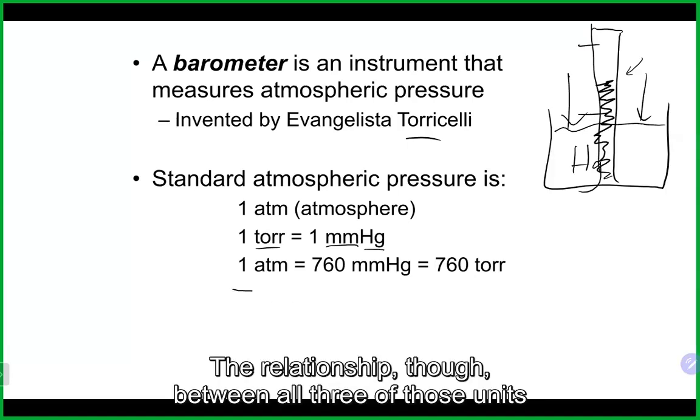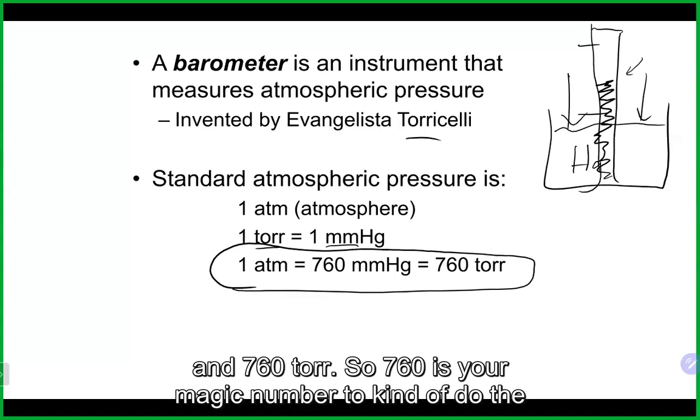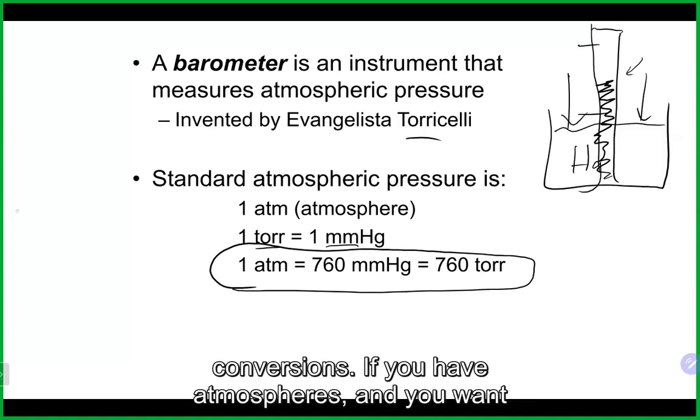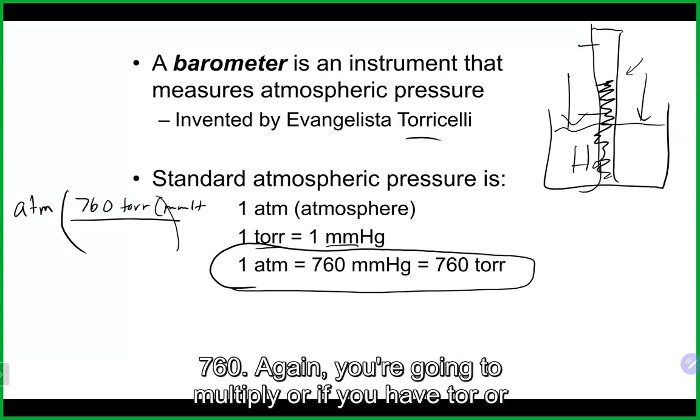The relationship between all 3 of those units is here. 1 atmosphere is equal to 760 millimeters of mercury and 760 torr. So 760 is your magic number to do the conversions. If you have atmospheres and you want millimeters of mercury or torr, you're going to multiply by the 760.